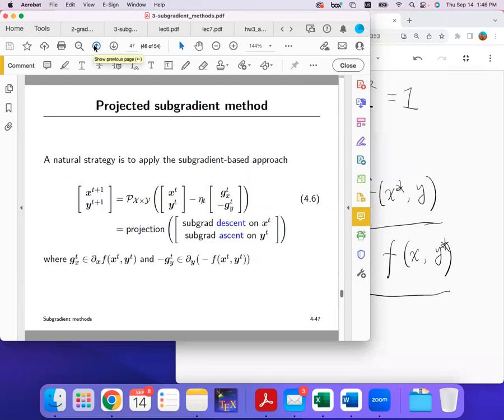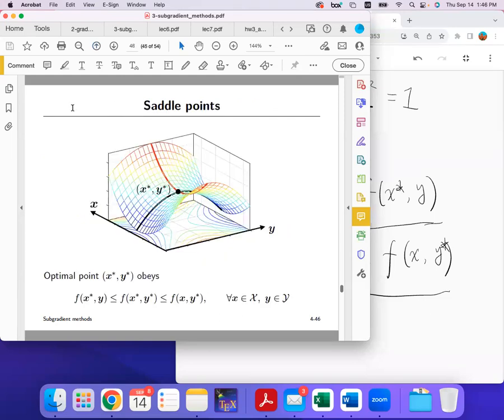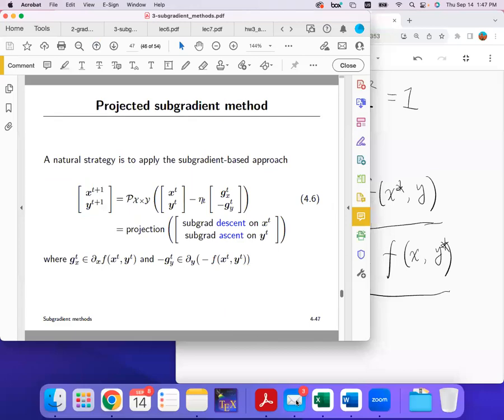But you can review these saddle point problems and see if you can have a better understanding of this convergence metric. It's just like a two-player game. Okay. So we will continue next time.